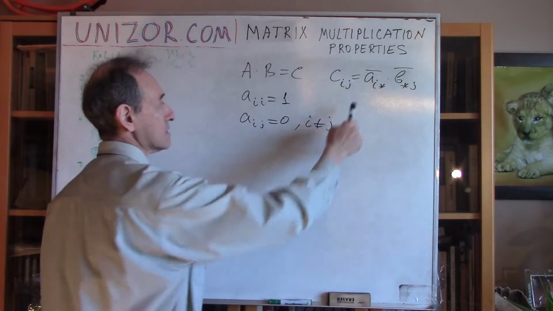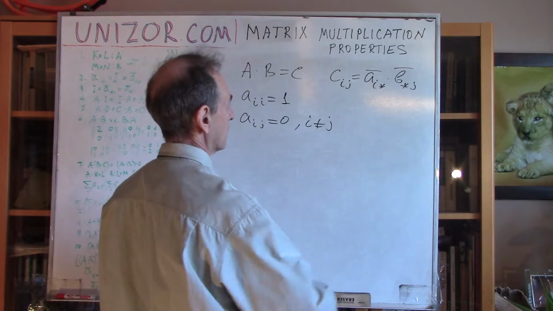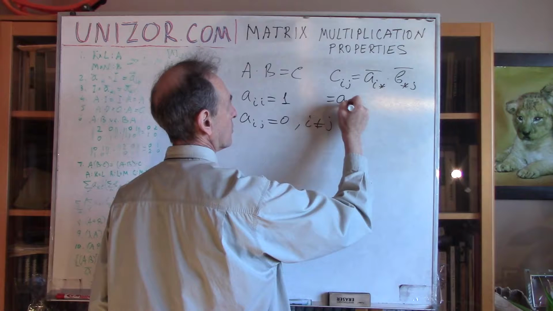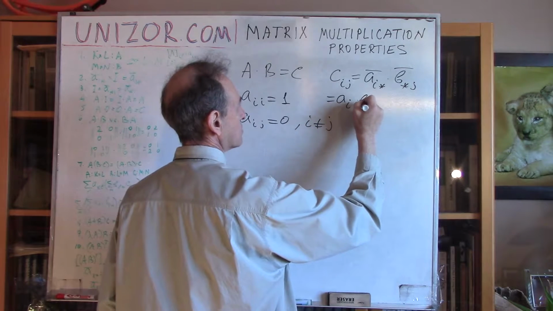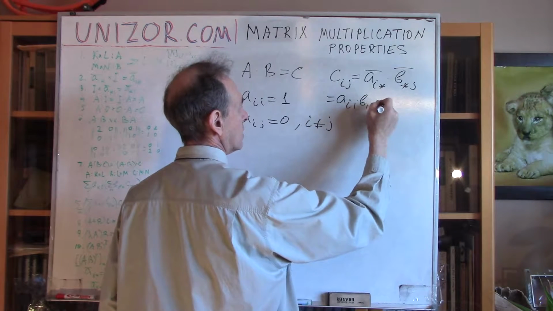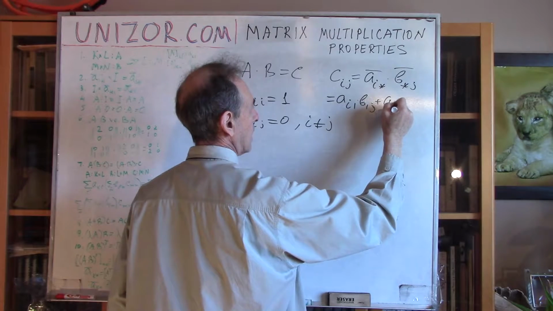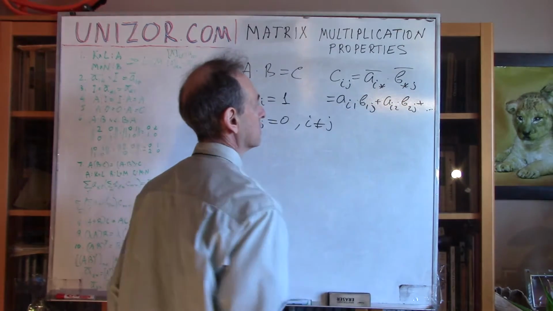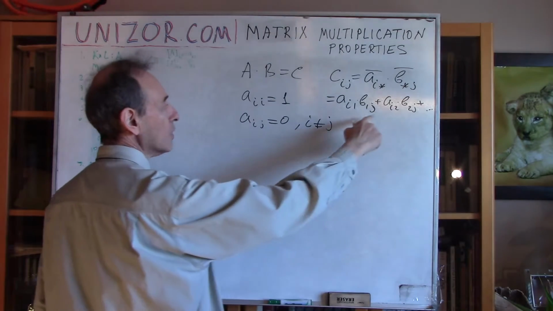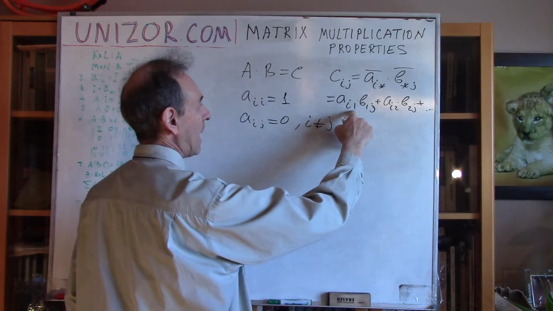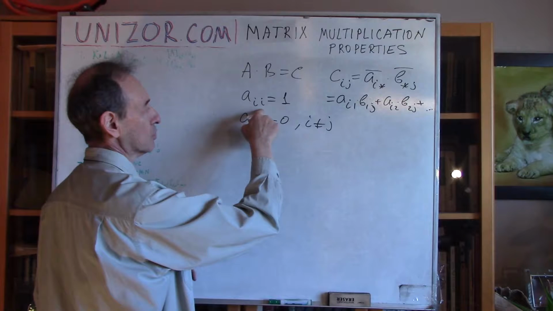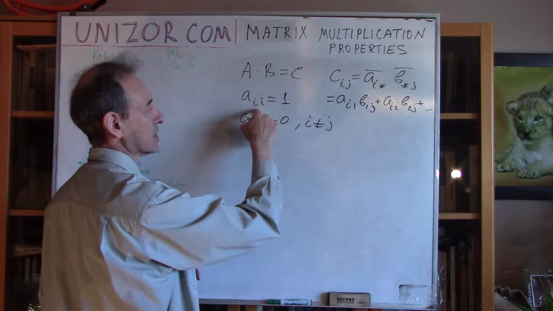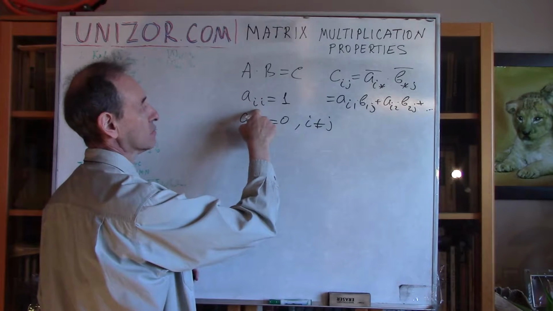Okay, now this is a summation, right? It's a summation from a_i1 times b_1j plus a_i2 times b_2j plus etc. So only one a_i-something is not equal to 0. Only the one which has two indices equal to i.